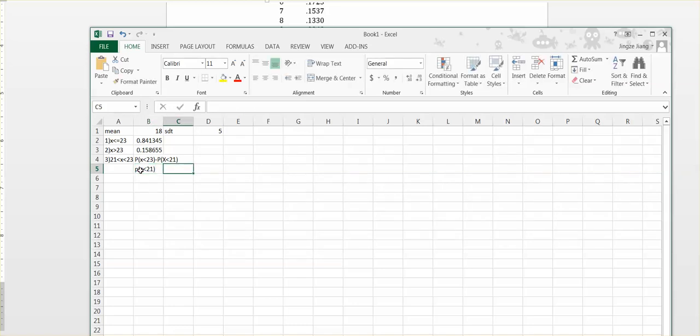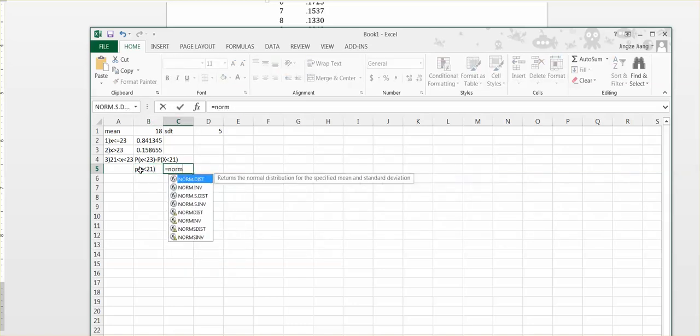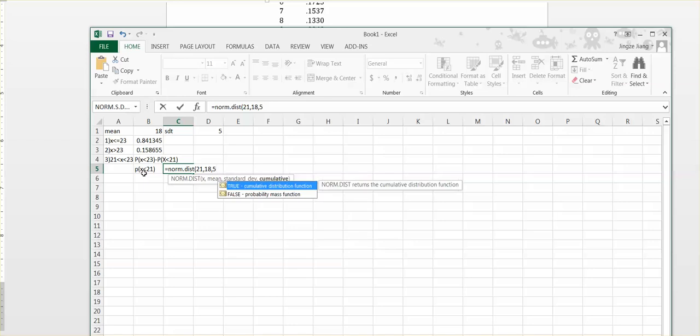So again we will use equal NORM.DIST and parentheses, and the value for x is 21 because we are looking for the probability of x smaller than 21, and the mean equals 18 and the standard deviation equals 5. And again we're looking for the cumulative distribution. It's TRUE. Close the parentheses and push enter.